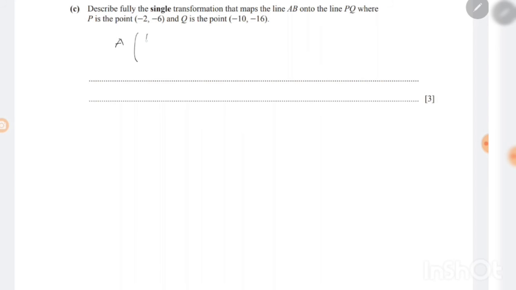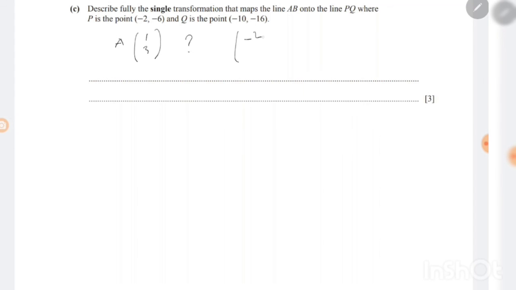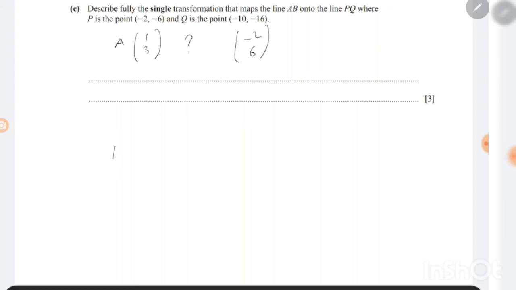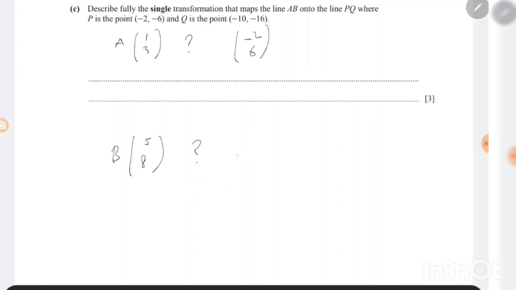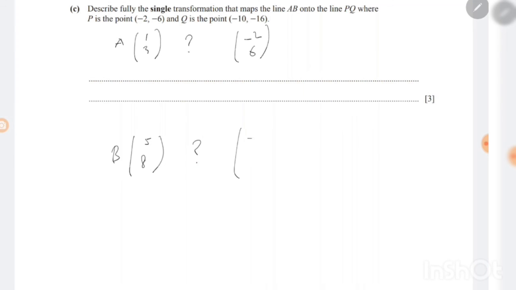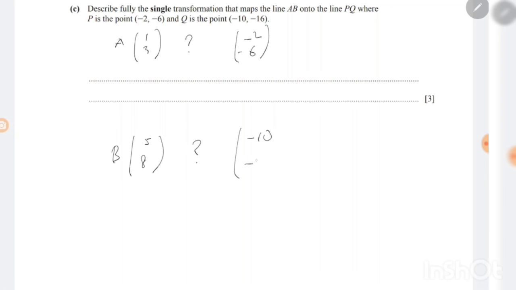Our A is 1 and 3, so what transformation do we do here? A becomes negative 2 and negative 6. It's also the same for B. Our B is 5 and 8, and it becomes Q, negative 10 and negative 16.